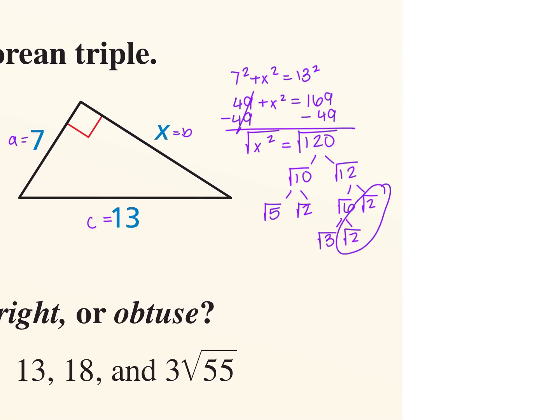That's just going to give me 2 as a whole. So I'm going to have 2 times the square root of 5 times the square root of 2 times the square root of 3. So x equals 2 times the square root of 30. Is that a perfect number? No, that's going to give me a decimal, so this is not a Pythagorean triple. So no for that.